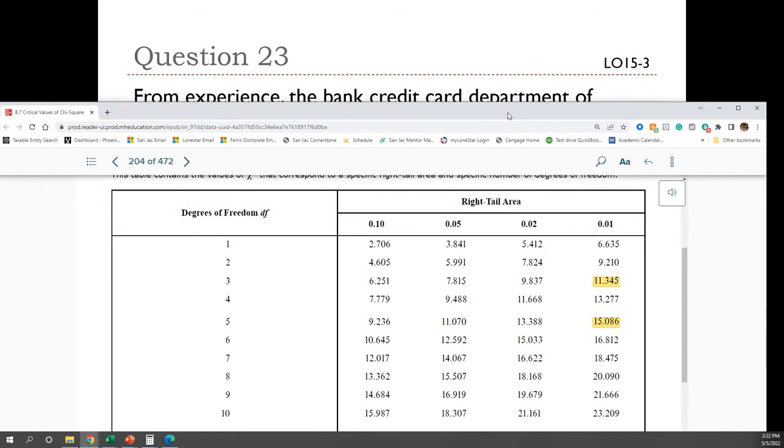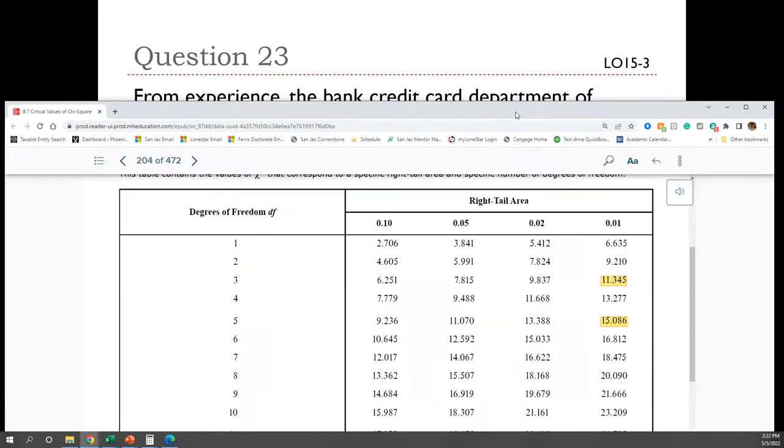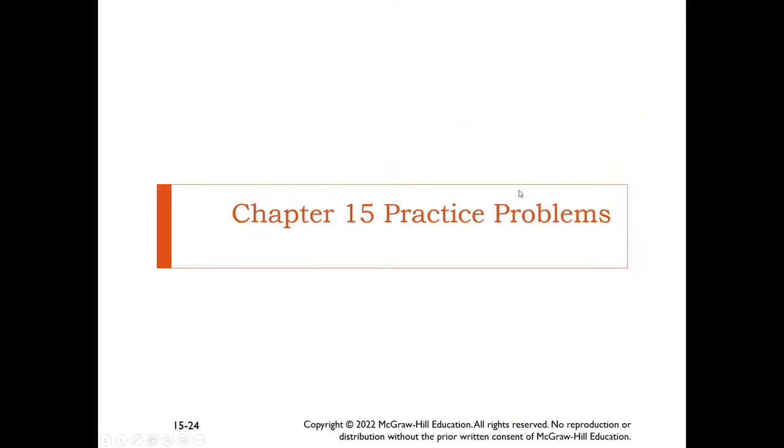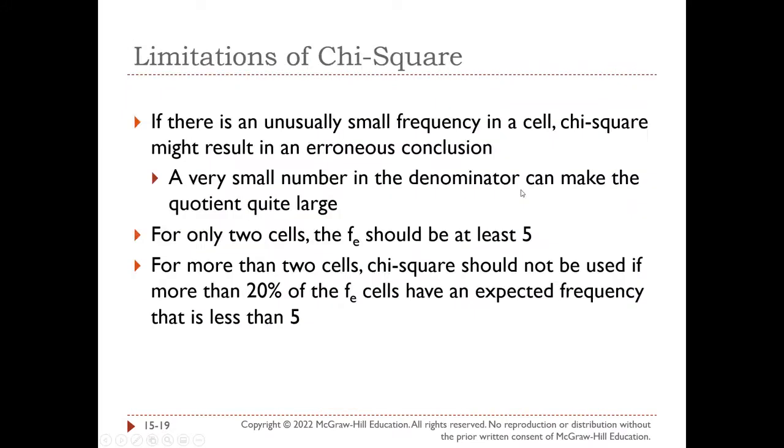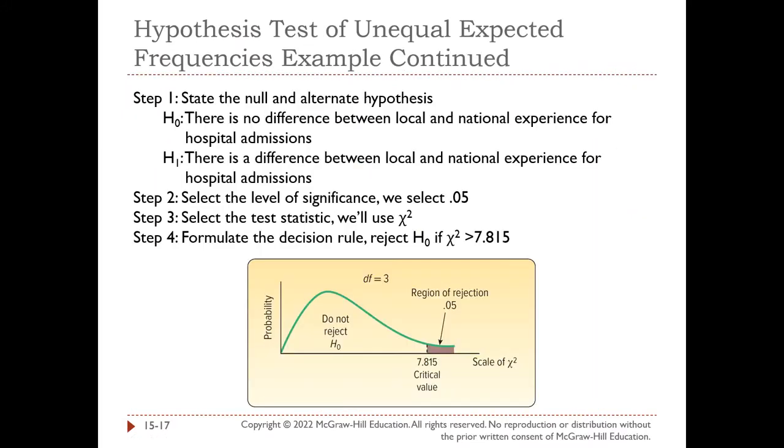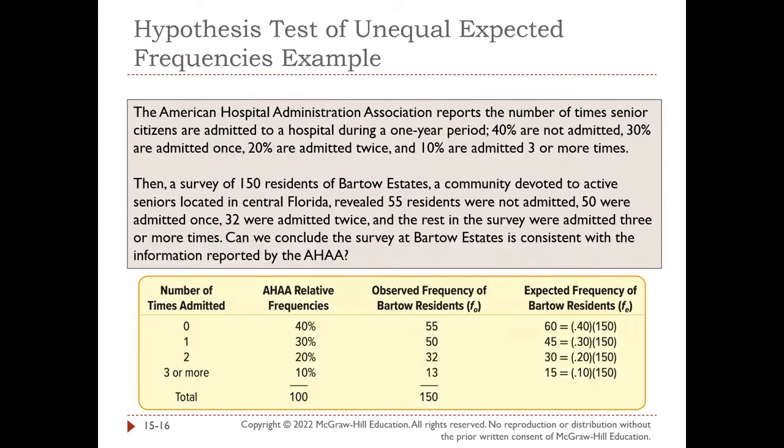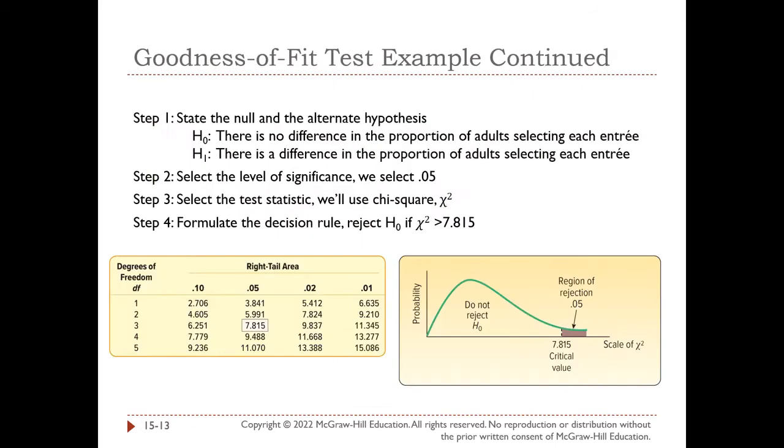So at 3, we're going to reject the null at 11.345. Let's make sure. Yeah.